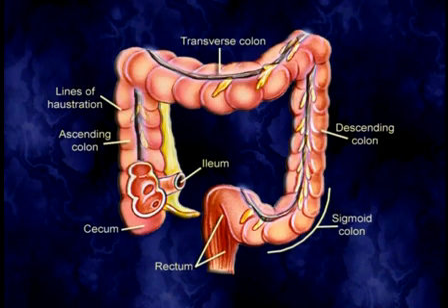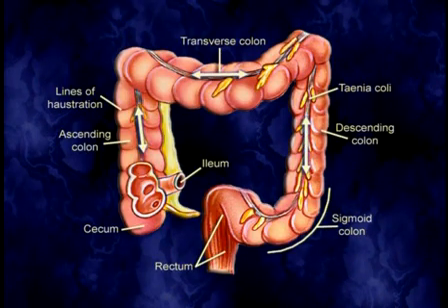Instead of it being nicely distributed around the whole circumference the way it is in the esophagus, stomach, and small bowel, it has been contracted to form 3 bands that go the whole length of the colon, and these are called the tinea coli.